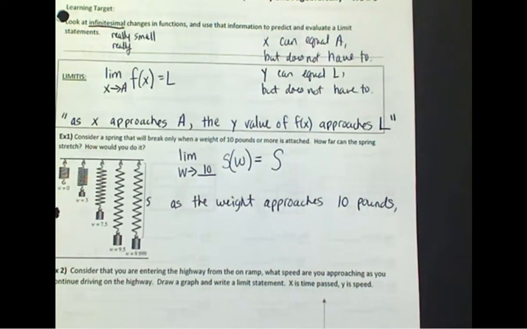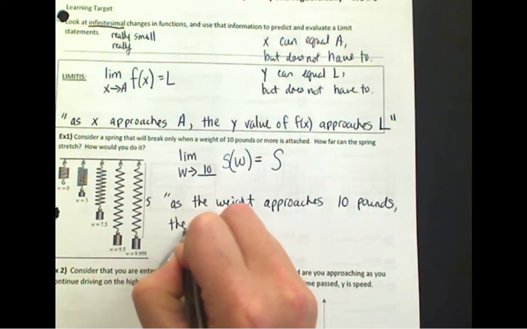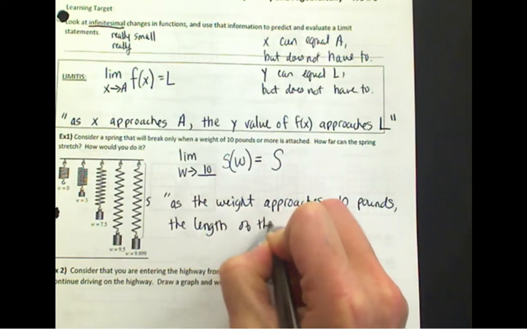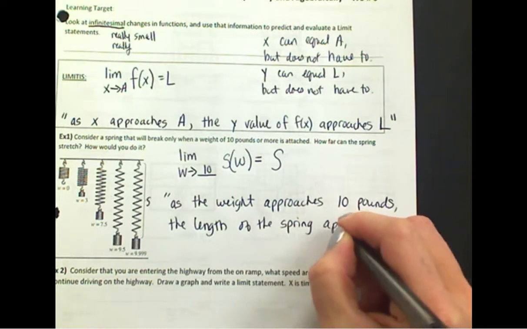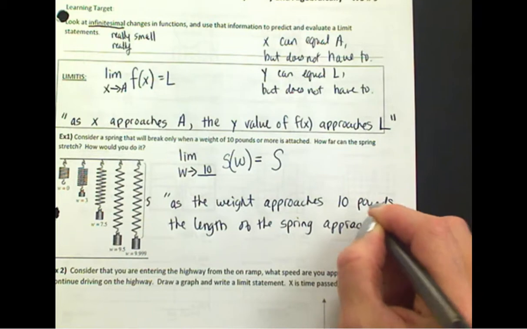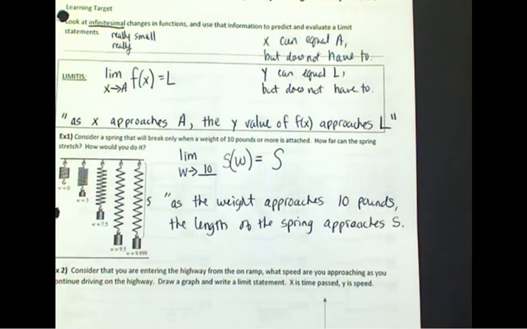Right? Not equal to 10 pounds because then it would break. As the weight approaches 10 pounds, the length of the spring approaches... I don't know how long it is, and I don't know what units they're measuring it in.